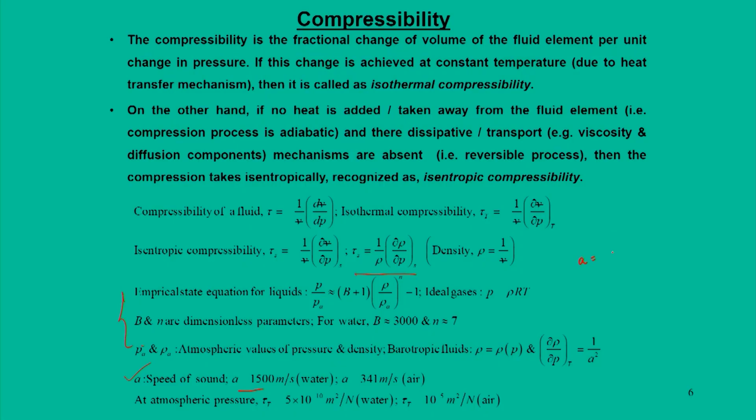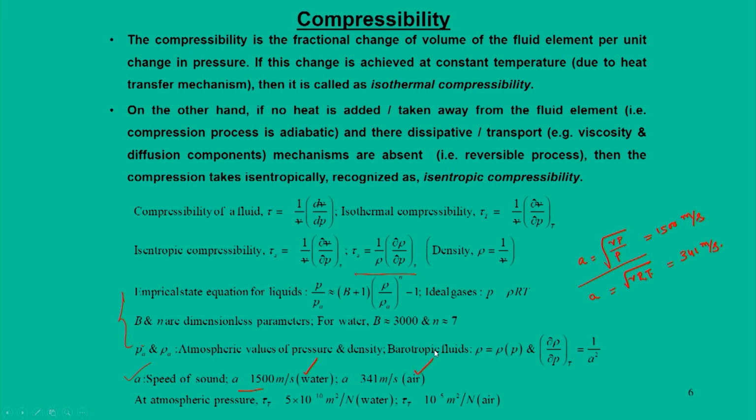While calculating this A, we can have two expressions. One is the square root of gamma p by rho and the other is the square root of gamma r t. We calculate this as 1500 meter per second for water, and 341 meter per second for air.